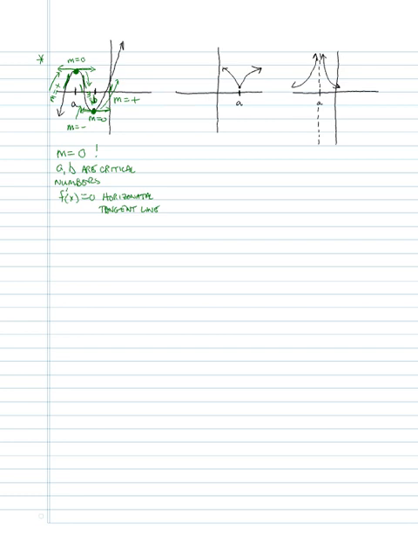Now, let's look at this second graph. In this case, the value A is, again, where we change. Actually, we're decreasing, and then we're increasing. And it's at this point where that change happens. Now, at that place, if you recall, there's not a slope. When x is A, the derivative is undefined.